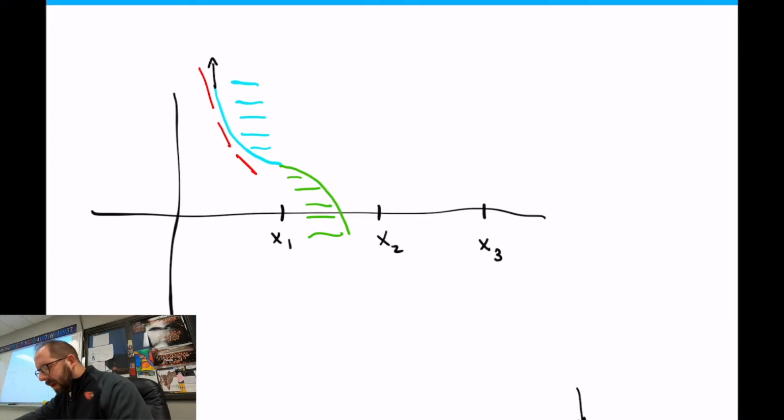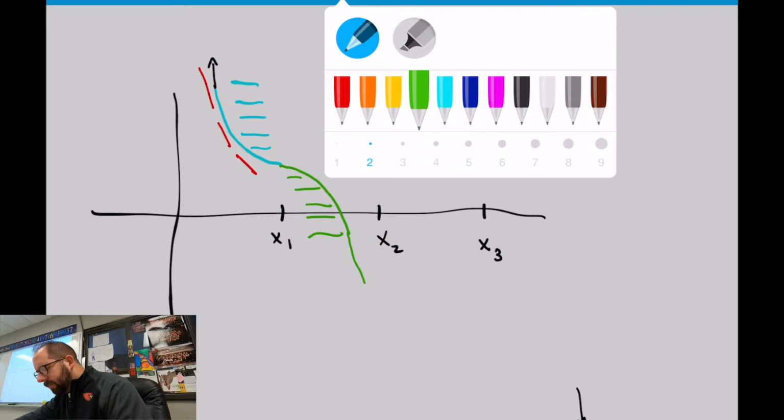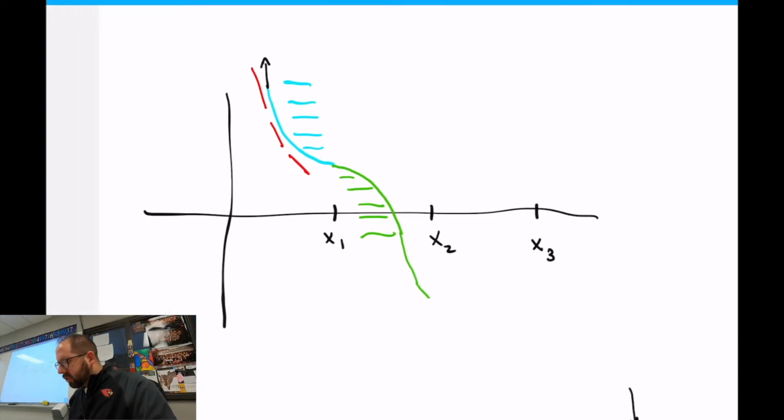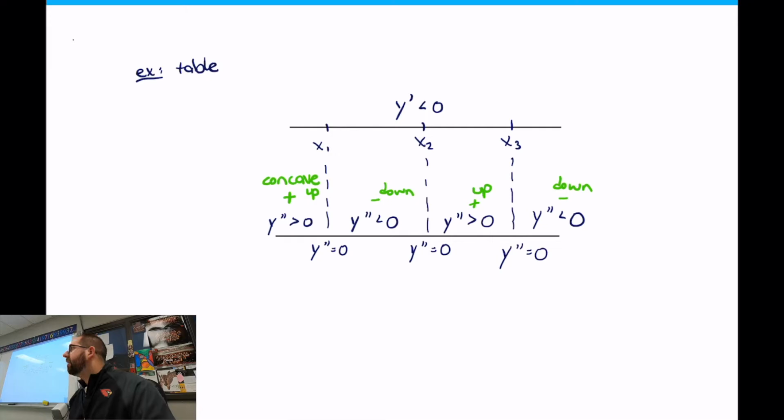So it was dropping, and then at some point it leveled off and went concave up right at x2. So at x2 it suddenly switched to concave up for a little while until it got past x3.